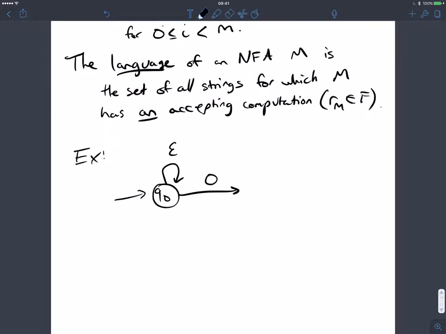Let's give it a name. Does this NFA accept the input 0? Yes. How do you know? Yeah, there is a direct transition there. So there's at least one computation that is accepting for this NFA.